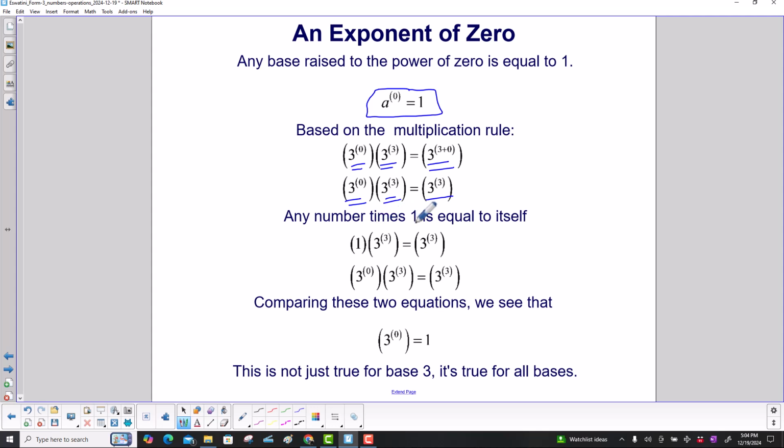Also, any number times 1 is equal to itself, so 1 times 3 to the 3 is equal to 3 to the 3. So we're going to replace 1 with 3 to the 0: 3 to the 0 times 3 to the 3rd power equals 3 to the 3. Now we compare those two equations, and we see that 3 to the 0 is equal to 1. Now, this is not just true for base 3, it's true for all bases.